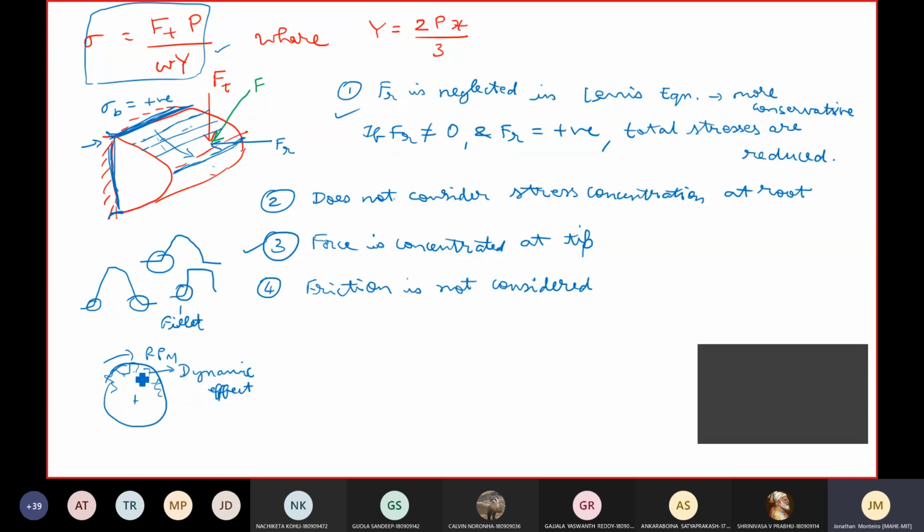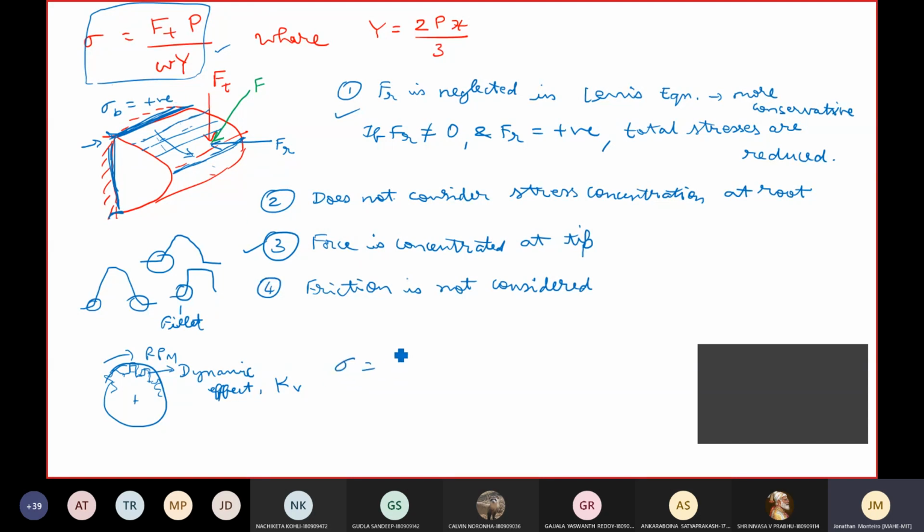So the dynamic action of this mass on the gear is different. Along with contact stress and bending stress, there is also a dynamic effect due to the rotary nature of it. This dynamic effect is called Kv. We'll see in future classes how it adds to this particular form.